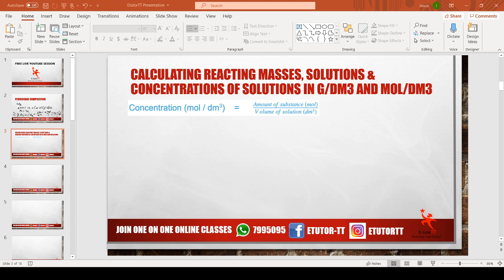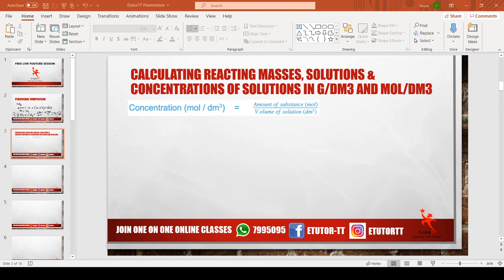So calculating moles. The amount of the substance in moles equals the concentration multiplied by the volume of the solution. Let's work on our example here. Calculate the moles of solute dissolved in 2 dm cube of 0.1 moles per dm cube solution.